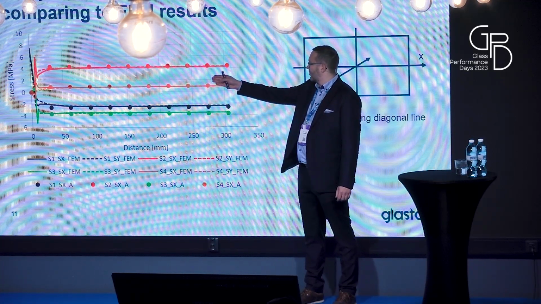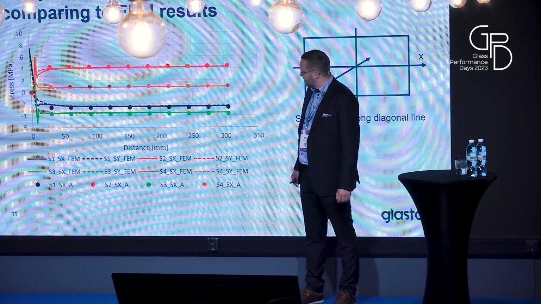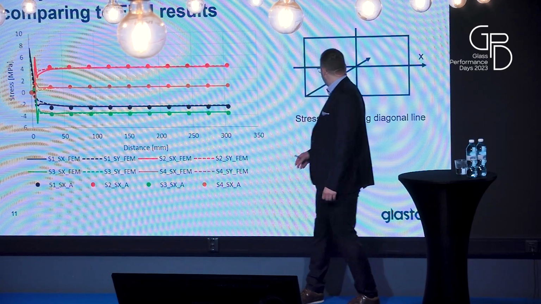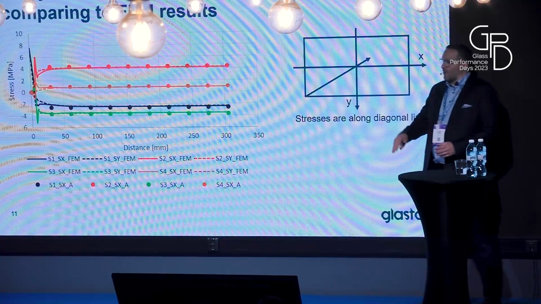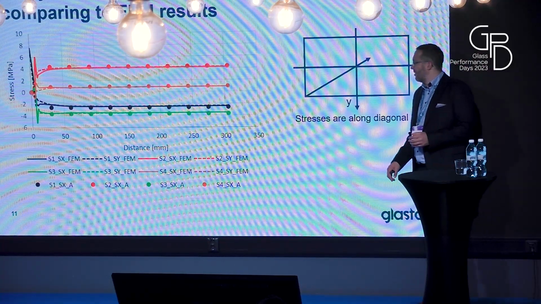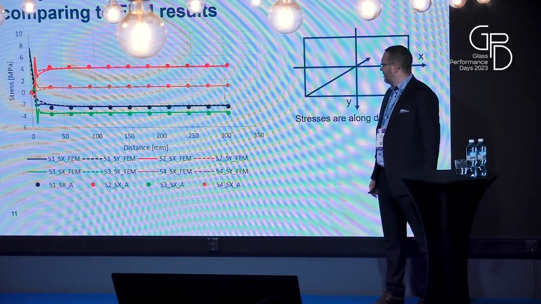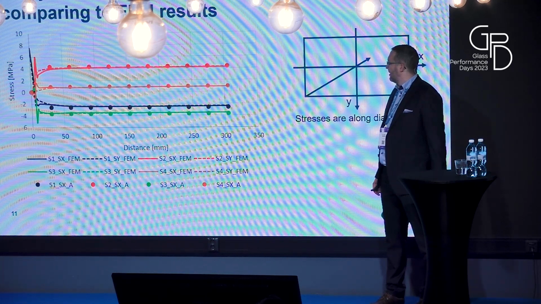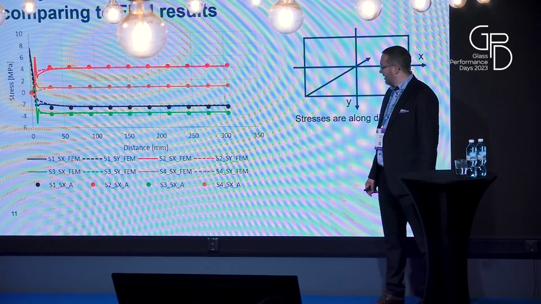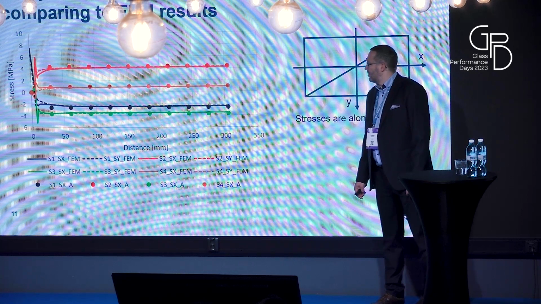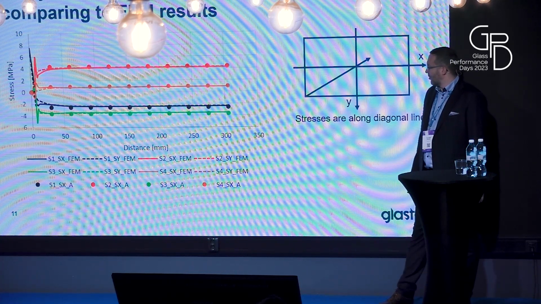And it shows stresses in different surfaces. So the black one is surface 1, which goes outside the temperature, and then surface 2 red, surface 3 green, and surface 4 orange.